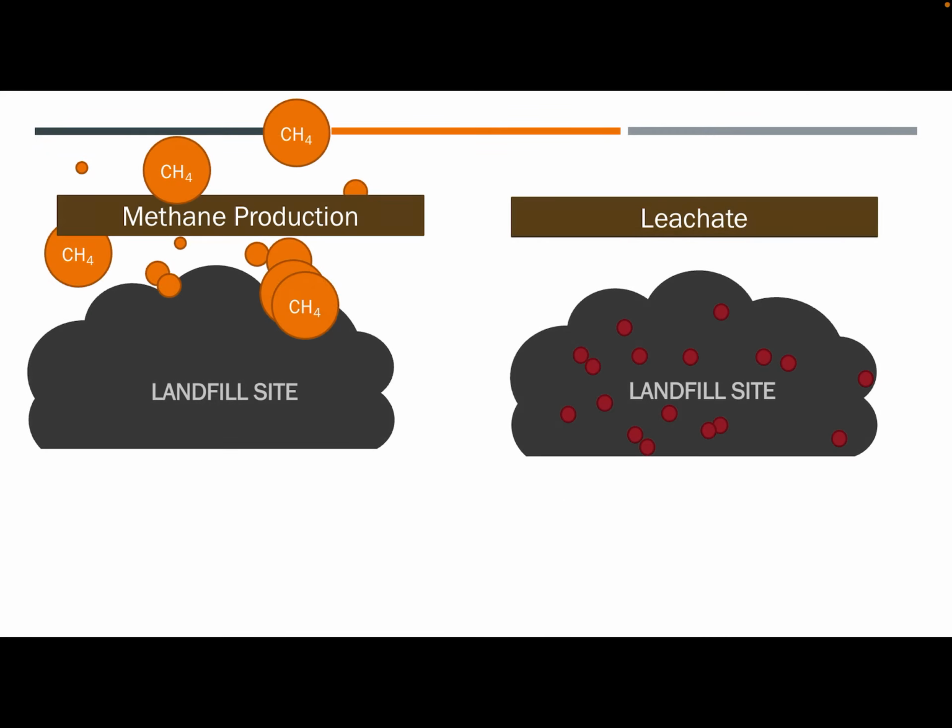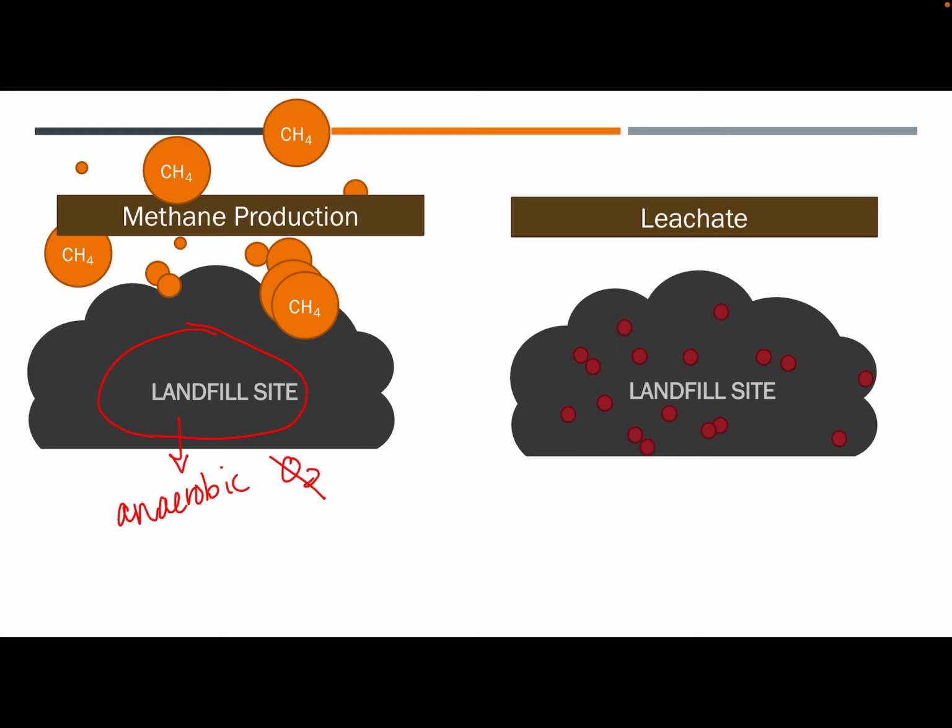So let's look at the last two in particular, the methane and the leachate, which is the groundwater contamination. So methane is an issue for landfills and unregulated dumps because the process inside of breaking down the trash can become anaerobic when there's no longer any oxygen in the center.